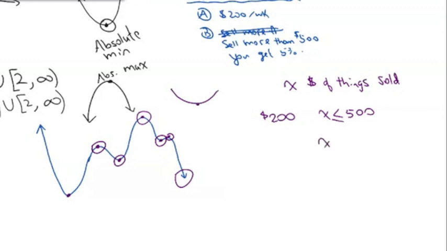If you sell more than $500, it gets a little trickier. If you sell more than $500, you only earn 5% on the amount of money that you sell over $500. So when I say I sell $600, I only earn commission on 100 of the dollars. So I took my 600 that I actually did sell and I subtracted away that 500.